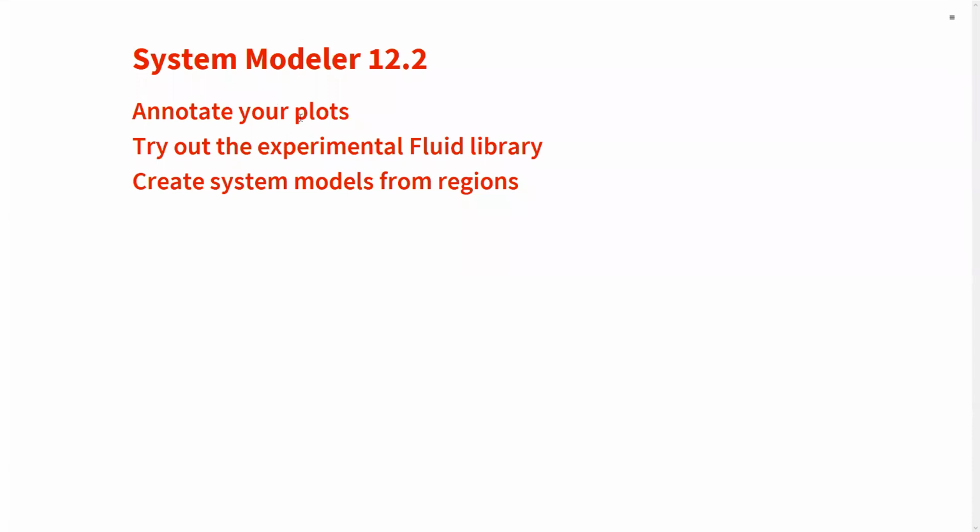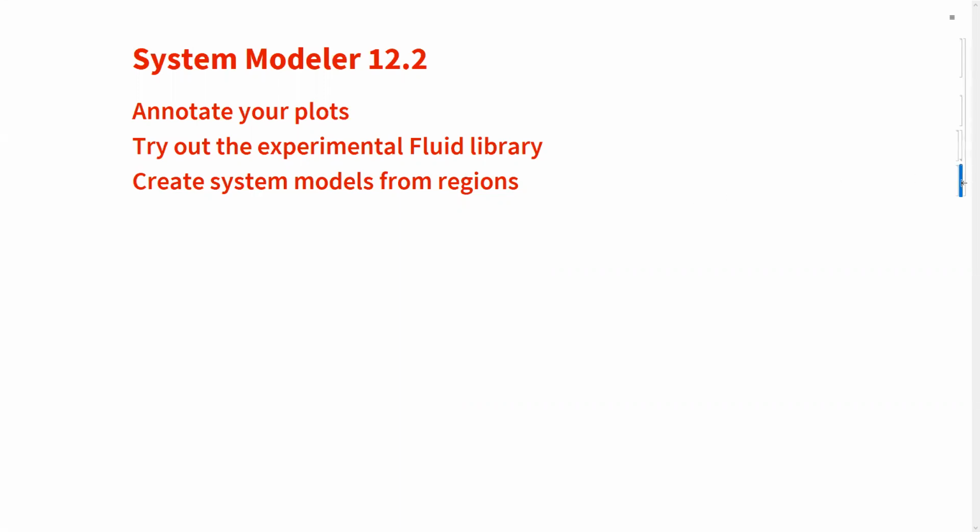It's annotational plots. It's that we are finally, and this has been asked for a lot, adding the fluid library, an experimental version of it, and then we have something that says create system models from regions. And I think I will take these in a slightly different order than listed here. Let's start with the regions.